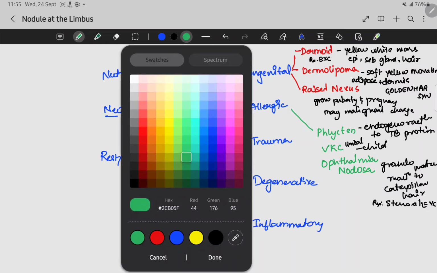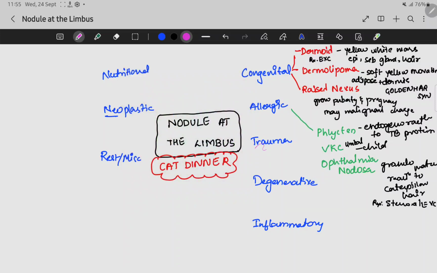Coming to traumatic causes, we have episcleritis, and it is inflammatory, not traumatic. So in the traumatic causes we have granuloma, implantation cyst, as well as staphyloma.